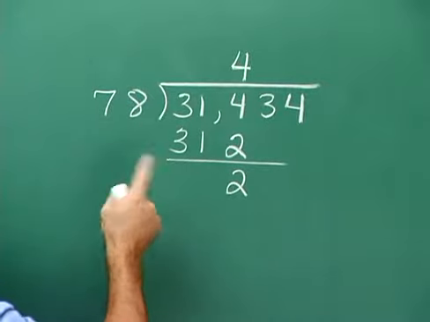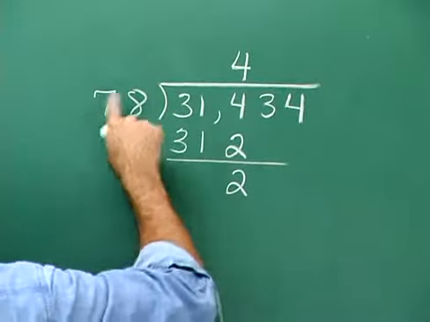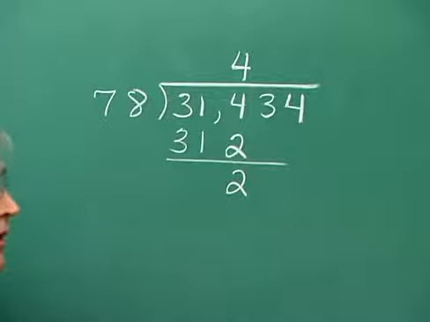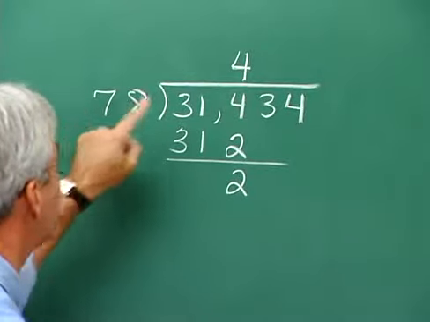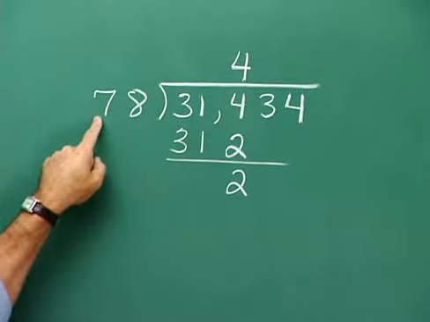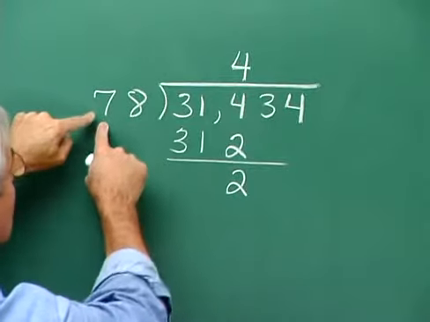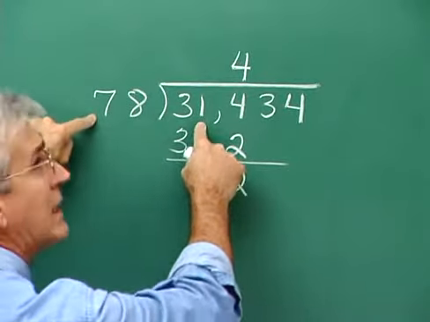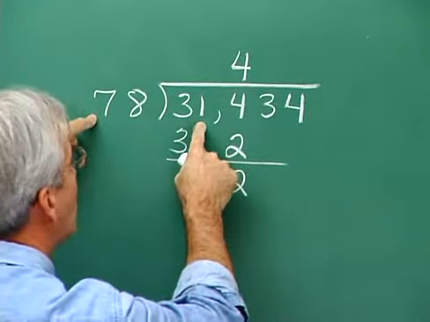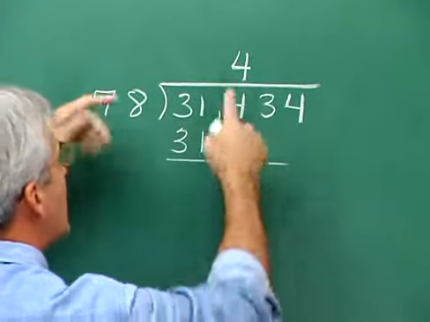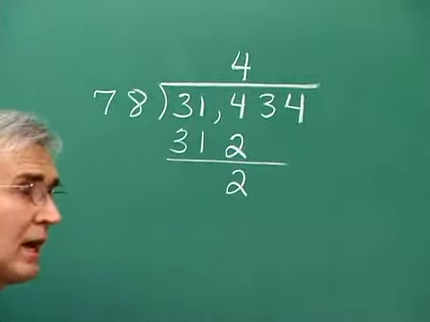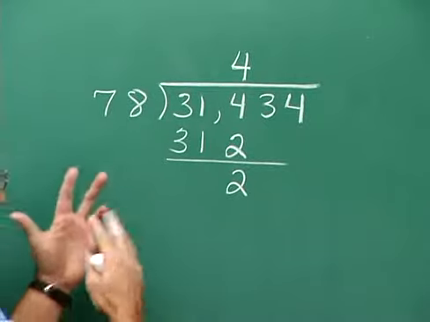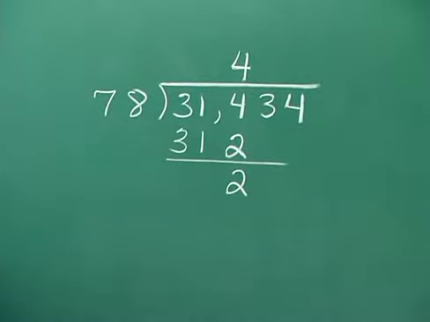So rather than using 7 as the test digit, you see, we might use 8 as the test digit. And 8 into 31 would only go 3 times with a lot left over, but we would have used 3 here, and 4 ends up working better. But I just want to tell you about that as a possible technique for some problems.